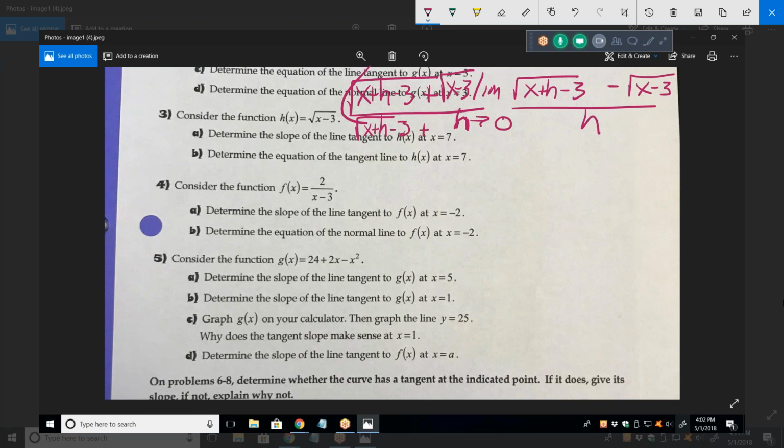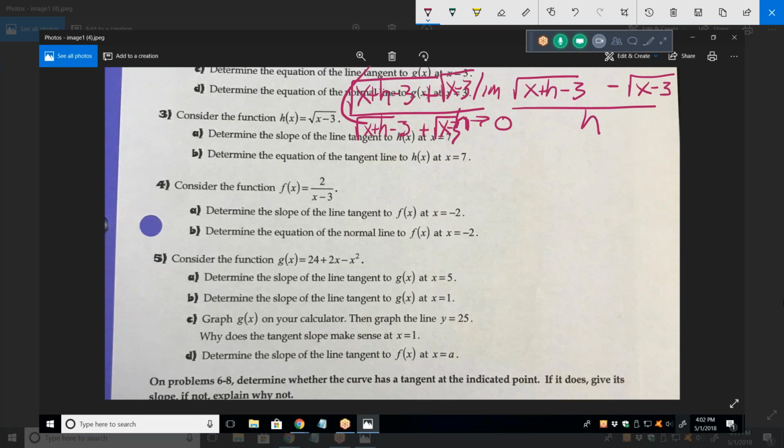Okay. So in class, she had us substituting in 7 for x. She had us substitute in the value for x. So is it better to leave x as x until the very end and then substitute it in? It depends on which way you're doing it. If you're doing this by the standard limit quotient definition, which is f of x plus h, this is the way we want to do it.